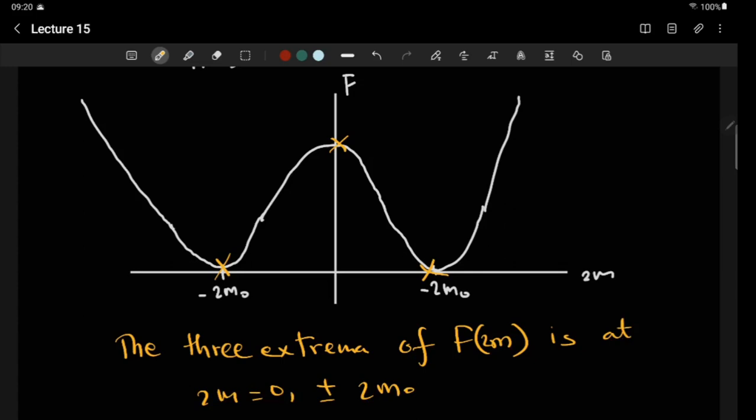However, from this picture you can also see stability.